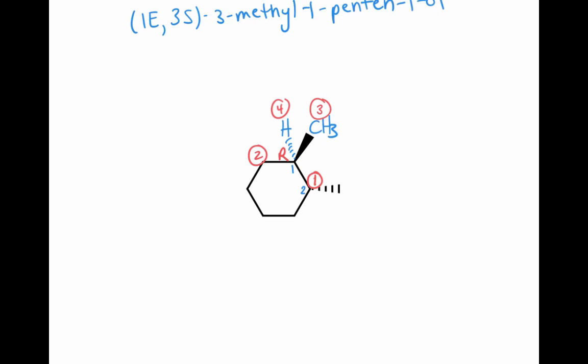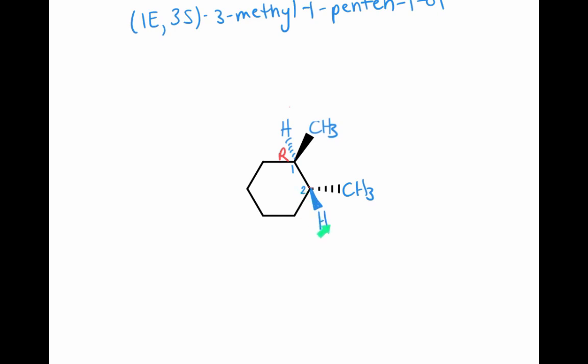Now, let's look at the second one. So here's our CH3, and now the hydrogen is pointing out at us. So that's going to cause a little bit of a problem, but nothing we can't handle. Let me just go in and erase a couple things here so we can keep track of our numbers without getting confused. Okay, so that was for the first one, which was R. Let's go in and number our carbons for this second carbon, this position here.